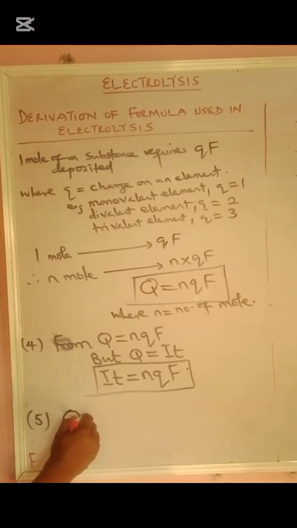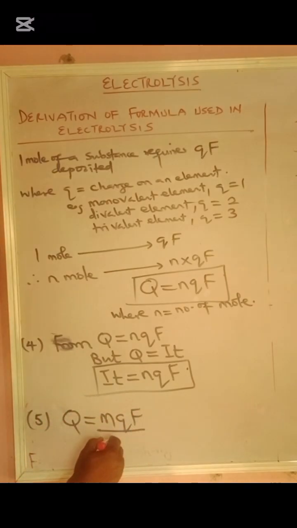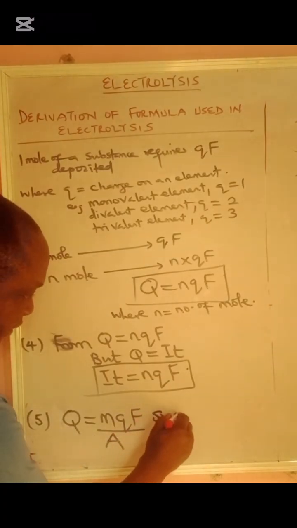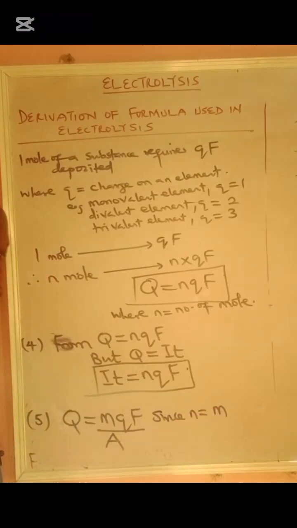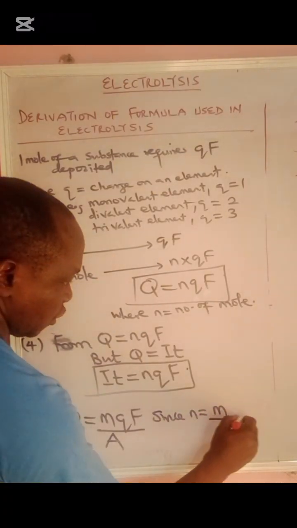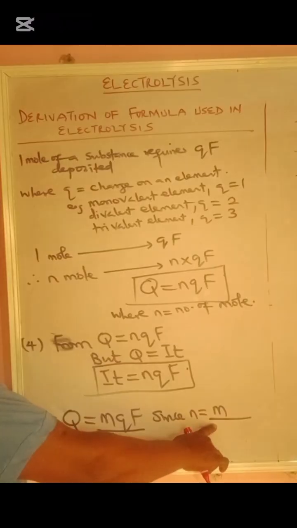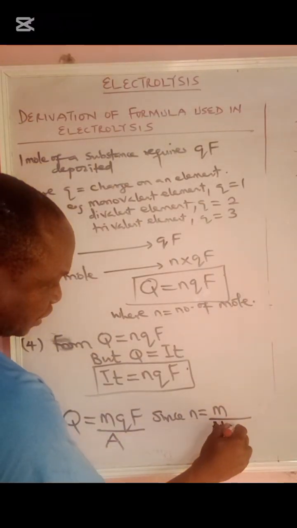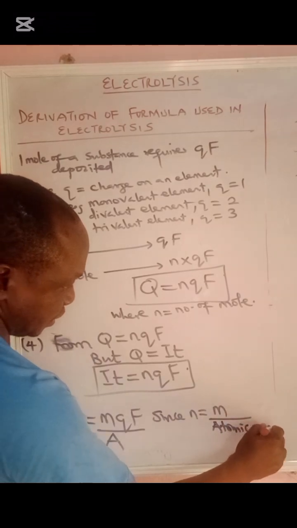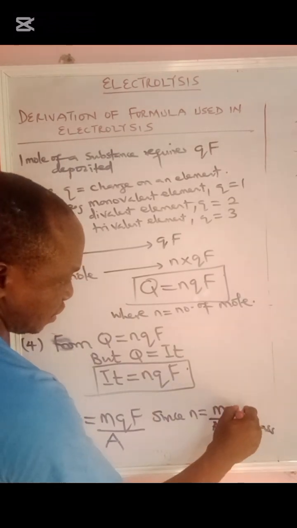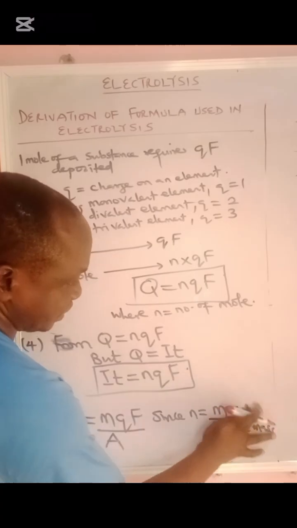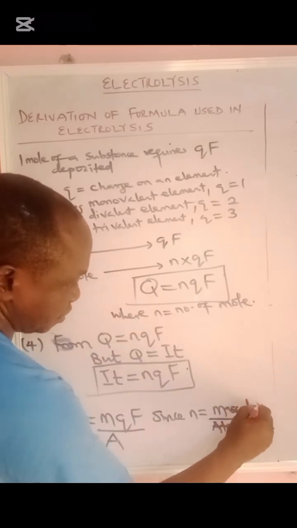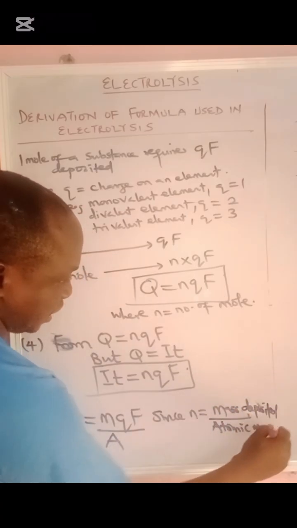Q is also equals to MQF all over A. Since number of mole is equal to mass of a substance deposited all over the atomic mass, mass deposited all over atomic mass.